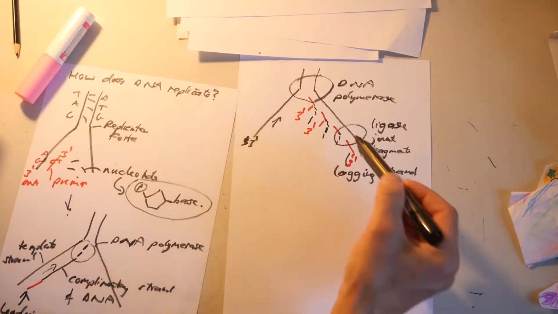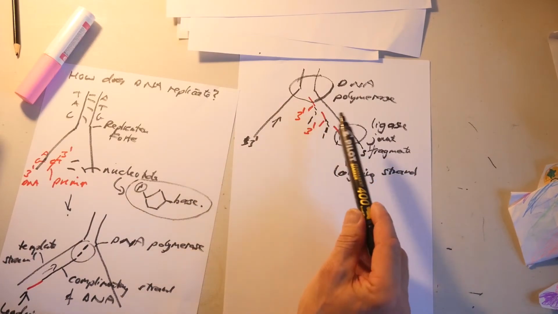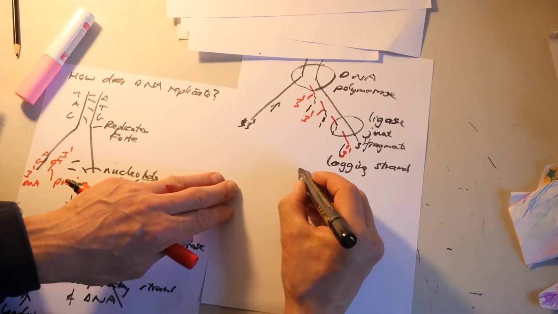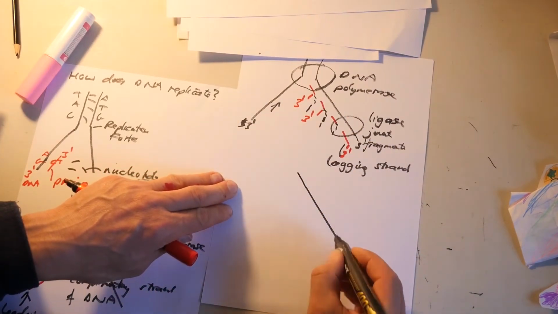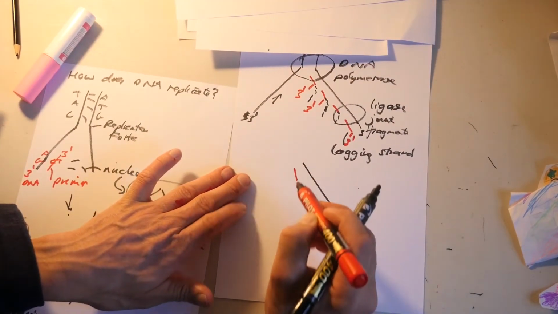So this is called lagging because it's made of bits, and all these primers and then nucleotides get attached.